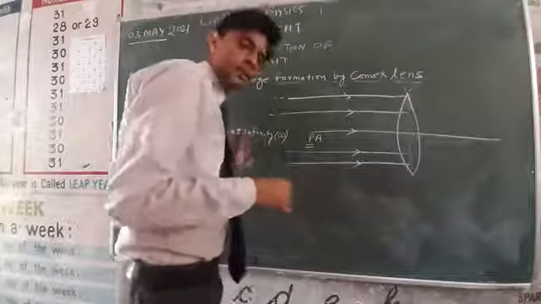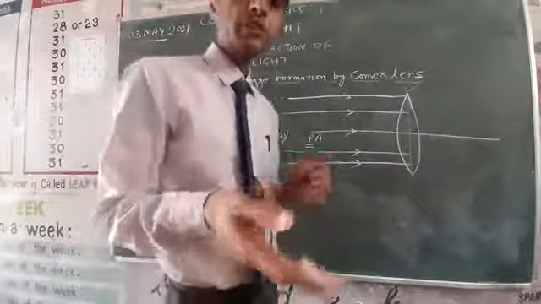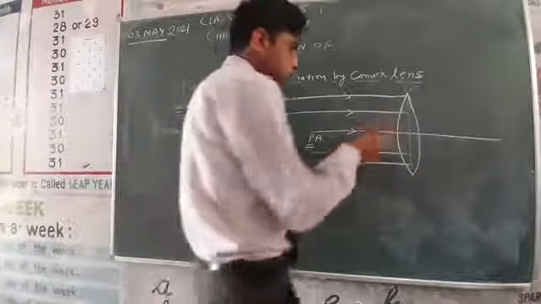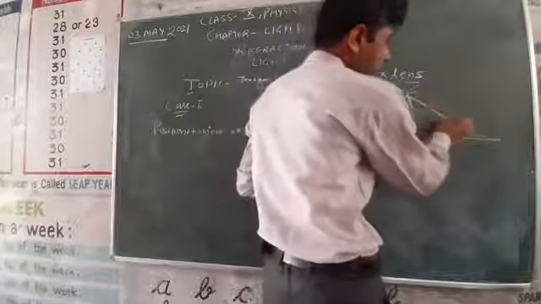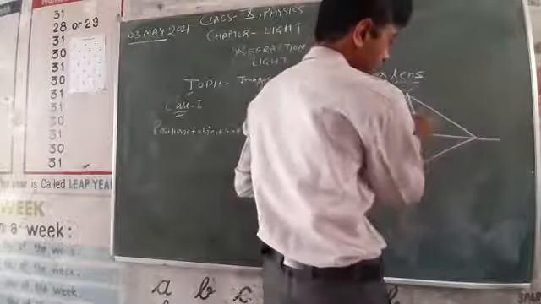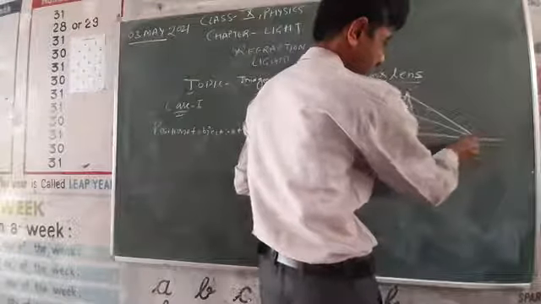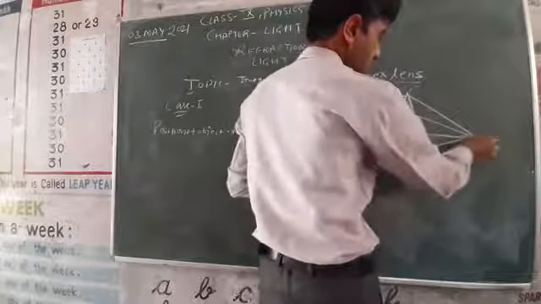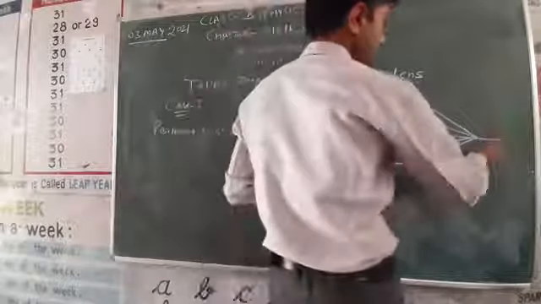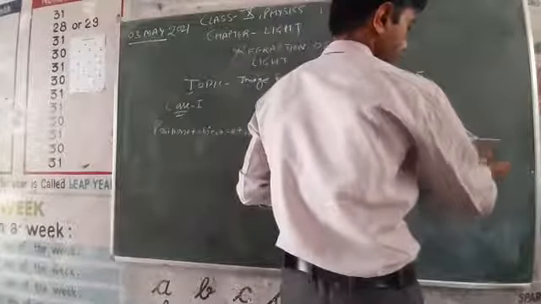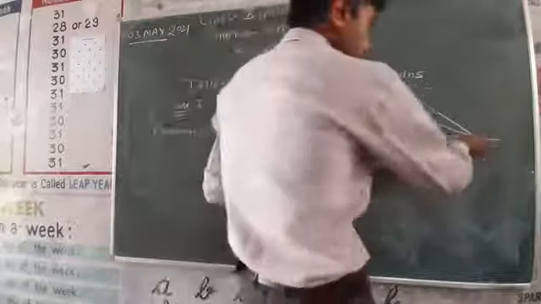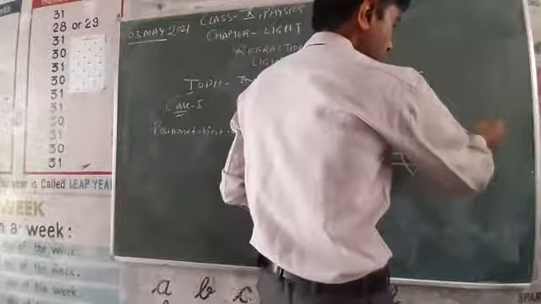After refraction, as you know, a convex lens behaves as a converging lens, so it converges all rays of light at a point, and this point is known as the second principal focus.